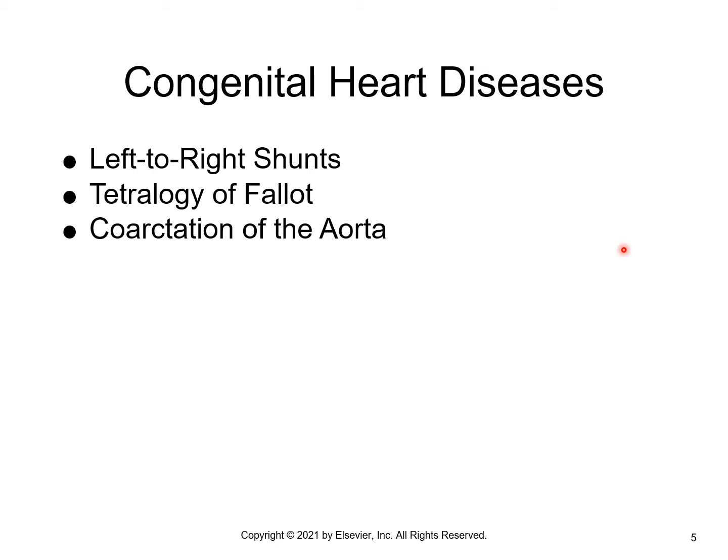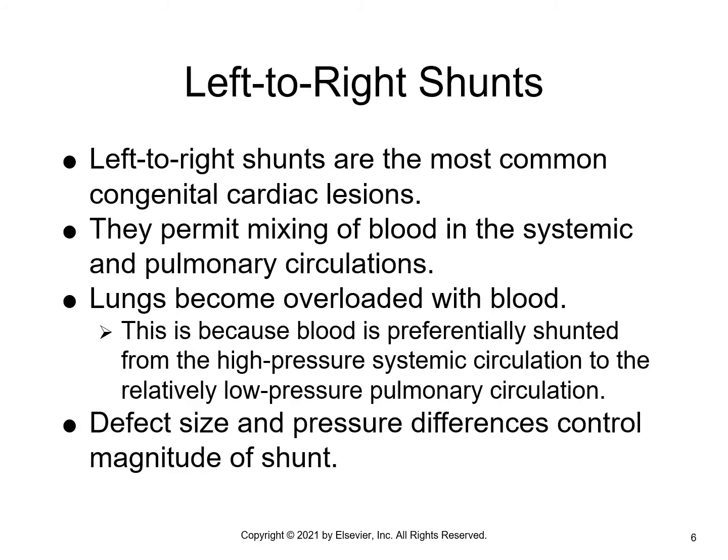Since this is a congenital disease, we know it's something that a person is born with. It may be genetically tied, or it may just be something that went wrong in utero or in the development process that causes this. So looking initially at the left to right shunts, we know that blood, as we talked about, goes to the right atria, the right ventricle, pulmonary arteries, back into the left atria, and then into the left ventricle.